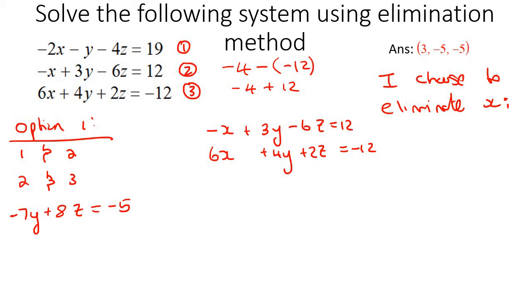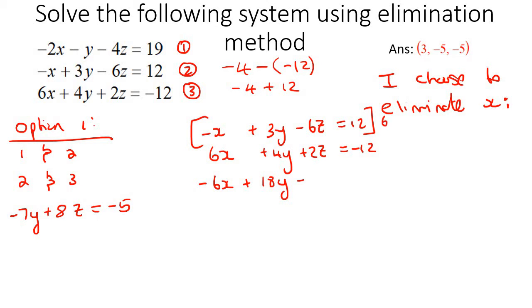So what I'm going to do is I need to get this to become a 6. So I'm going to multiply this entire equation by 6. And so that's going to become negative 6x plus 18y. And then, yeah, I erased that by mistake. So we're multiplying everything by 6. So this will become minus 36z equals 72. Okay, and then I'm just going to erase this one because we're now not using that anymore.